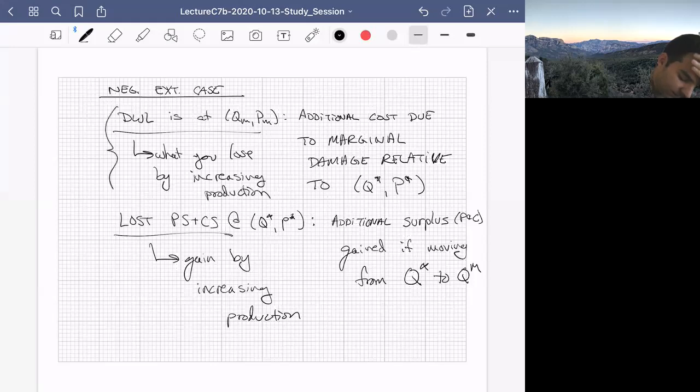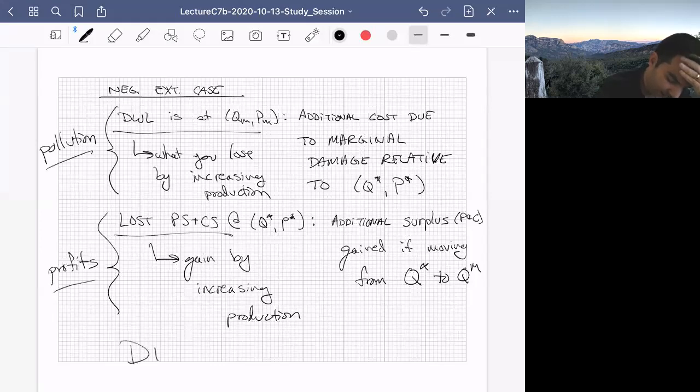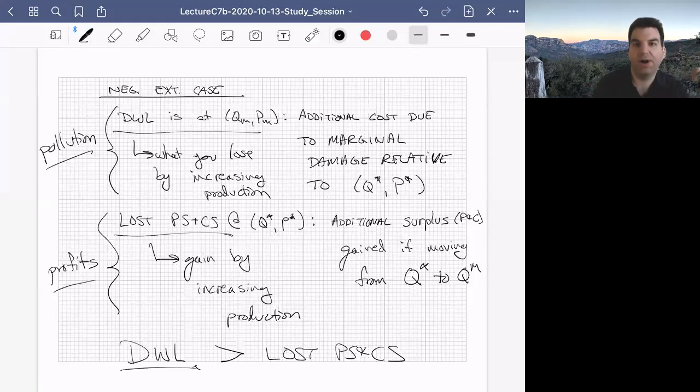And so this is due to pollution, and this down here is due to profits. And it will be the case that the deadweight loss will be greater than the lost producer and consumer surplus, which implies that you're actually better off using less pollution, even though it'll mean less profits.